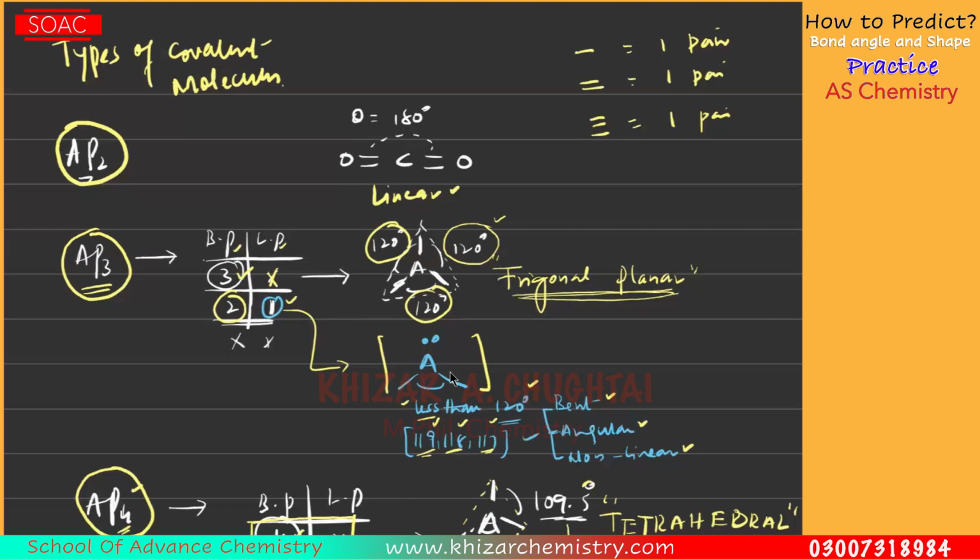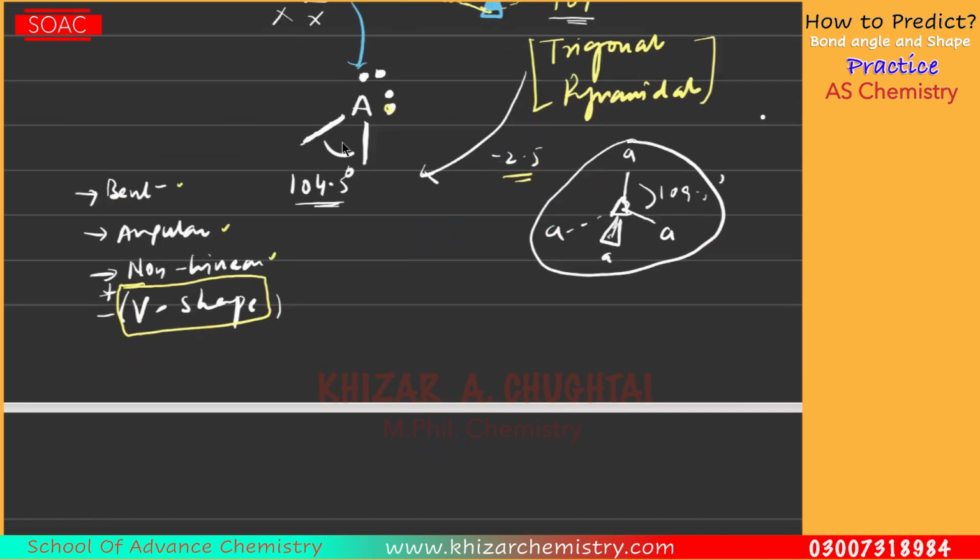So whenever you are not having 180 degree bond angle and there are only 2 bonds left, the shape is bent, angular, non-linear. Same is the case over here, 2 bond pairs left, and the bond angle is not 180 degree, then you can write bent, angular, non-linear.